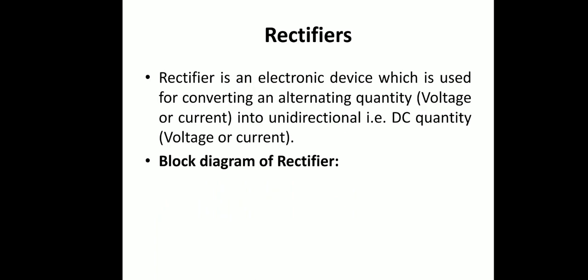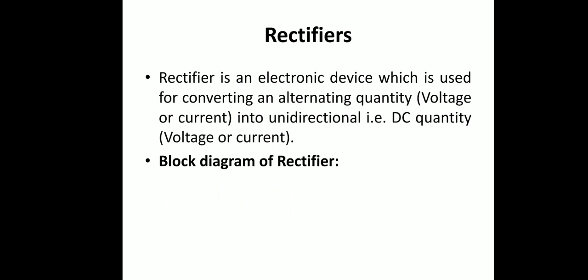In a large number of electronic circuits we require DC voltage for operation. We can easily convert the AC voltage or AC current into DC voltage or DC current by using a device called a PN junction diode.